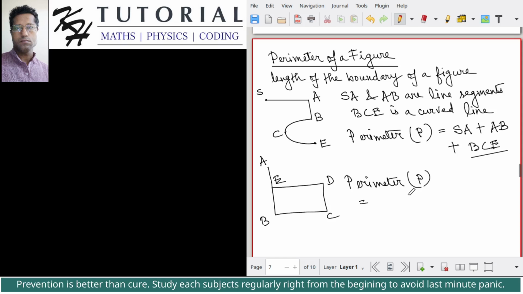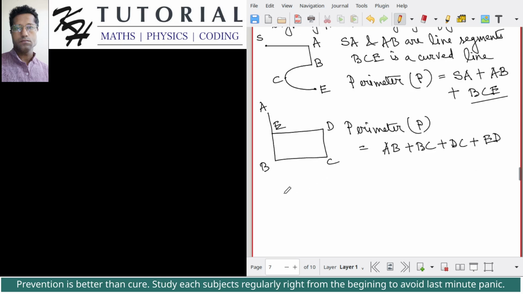So it will be AB, that is the length of the line segment AB, plus BC plus DC plus ED. This is the perimeter of this figure.